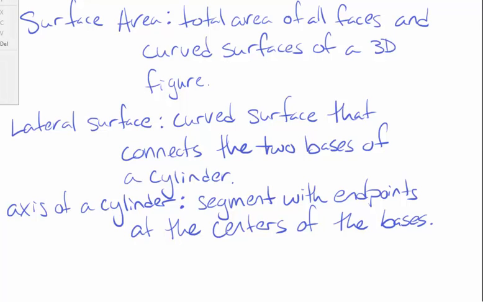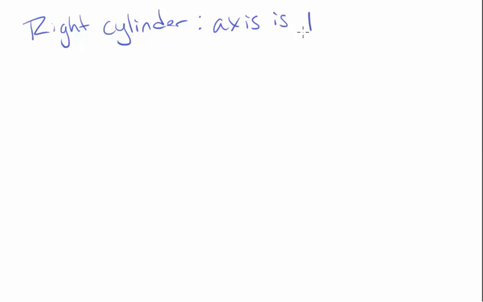We have still a few more definitions. Our 2 last ones here are going to be right cylinder. The right cylinder has the axis is perpendicular to the bases.